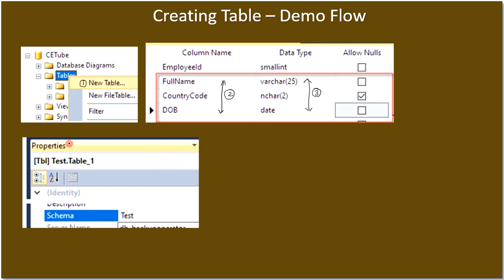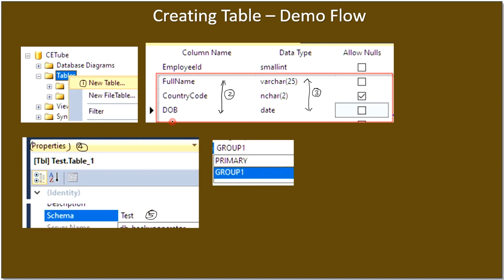Then through the properties, we can assign the schema to the table that we are creating. Also, we can assign the file group. Here, if you see, we can choose a file group as group 1. This one also we created in the previous SQL Server series.